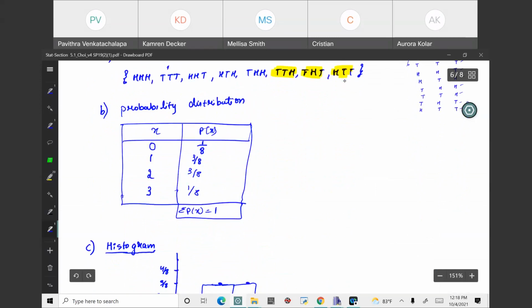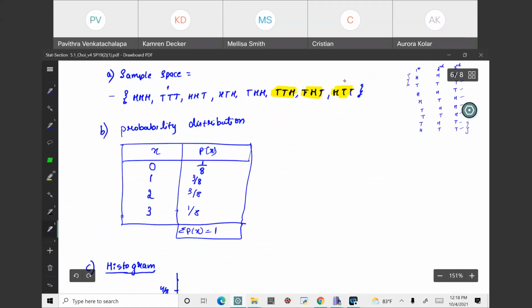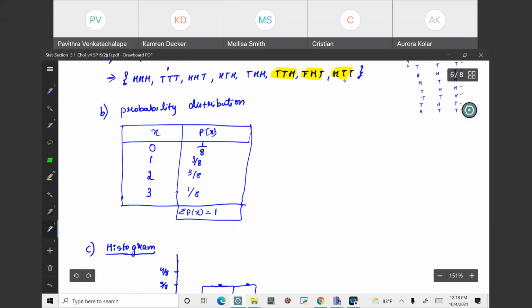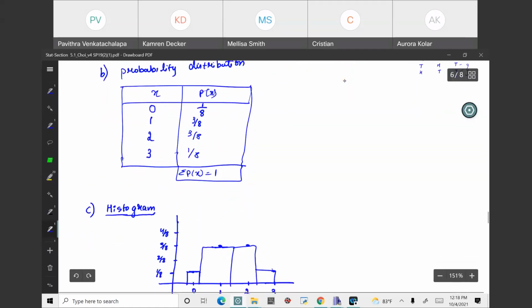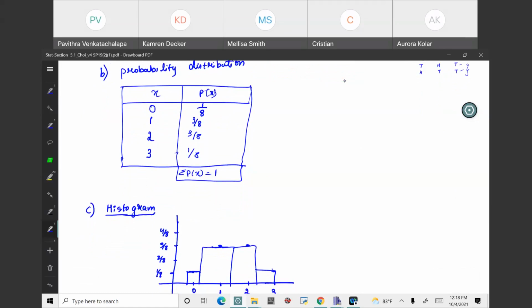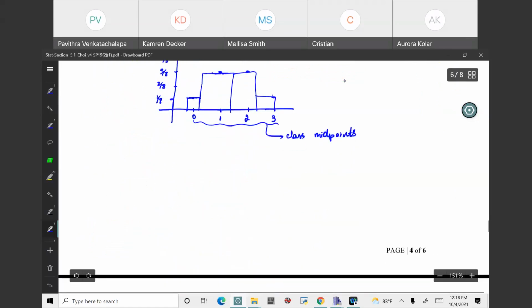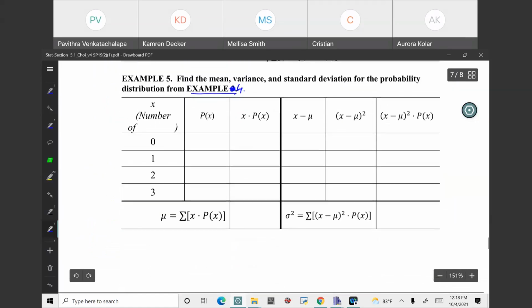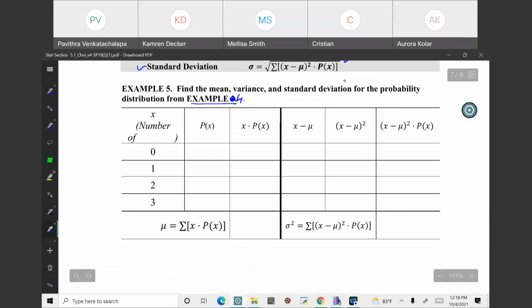If you get 0 heads, that means all 3 are tails. So the probability is 1 over 8. How did I get this 8? The total number of sample space. Likewise, for 1 head, it will be 3 over 8. So this we studied in our previous class. So we will use this information to find the mean, variance, and standard deviation.